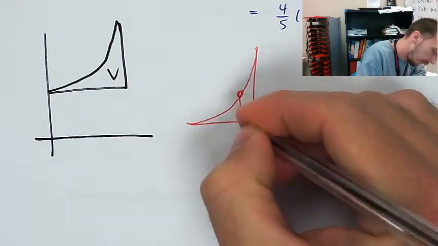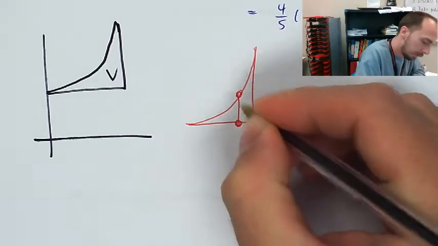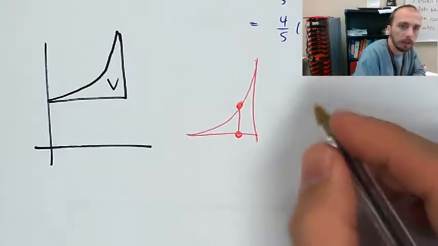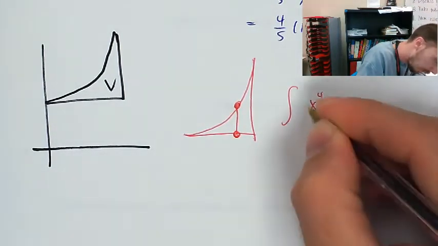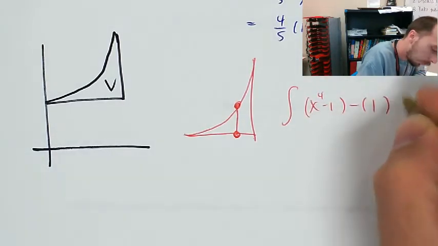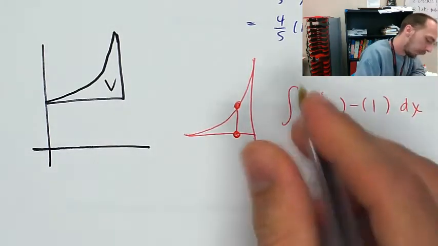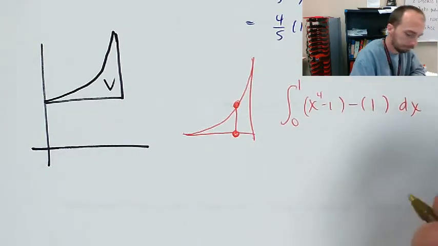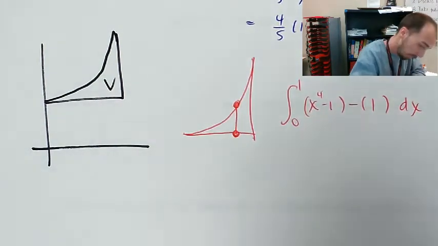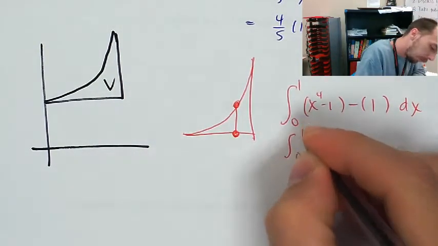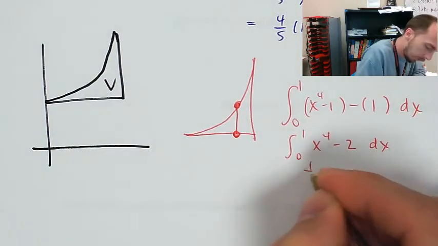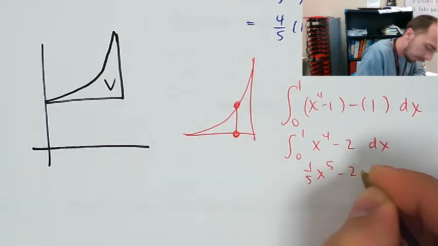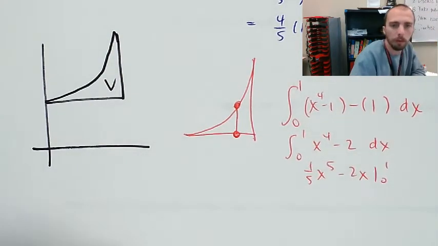All right, so if I want to integrate in x, I'm going to be doing top minus bottom, and that will be the integral of y equals x to the 4 plus 1 on top minus y equals 1 on the bottom. We're going to integrate with respect to x as x runs from 0 to 1.